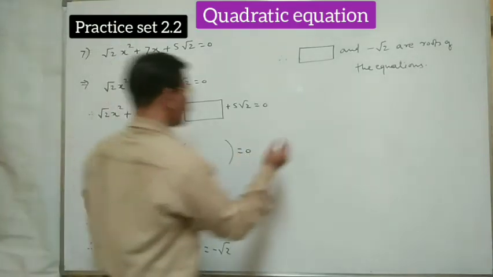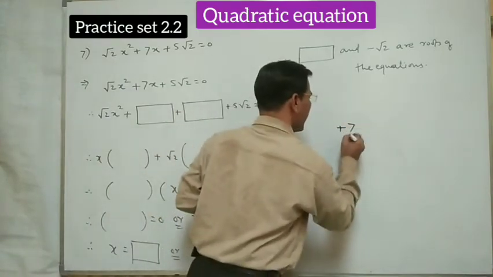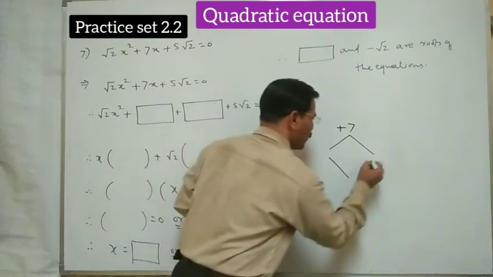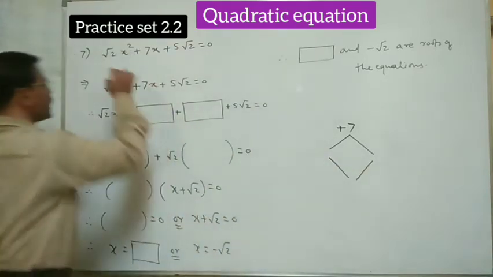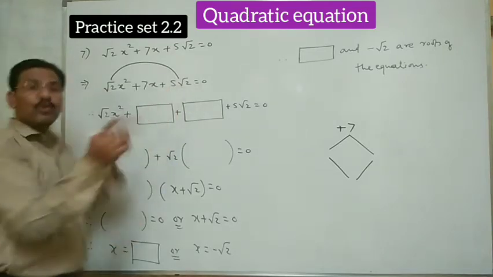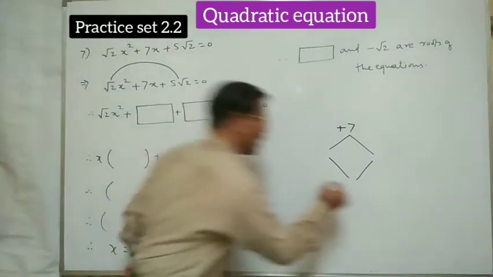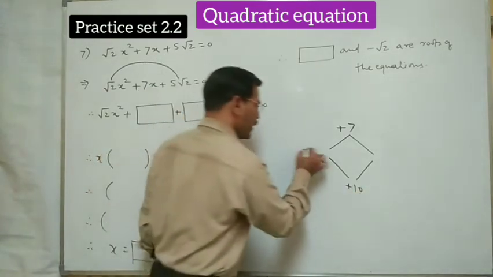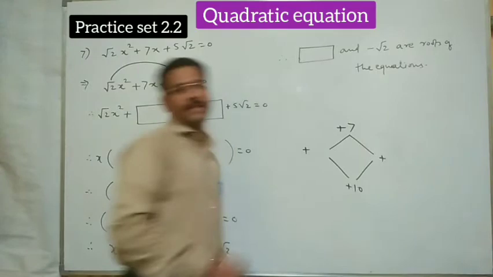So I'll write here plus 7 x; we have to split and get two factors, and their product is how much? Tell me. Their product is 5 and root 2 into root 2, which is 2. 5 twos are 10, which is plus 10. Whenever plus is there, you know both must be plus signs.